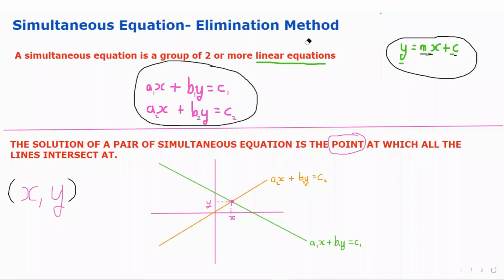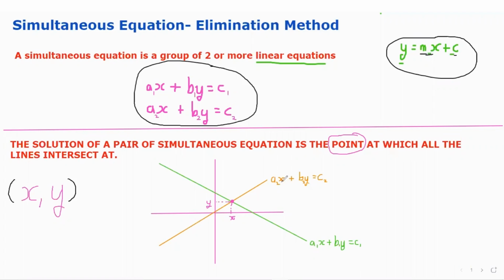So what is the solution of a simultaneous equation? The solution of a pair of simultaneous equations is the point, keyword being point, at which all the lines intersect. So it's basically the point where they cross. We have this green line here, which is a linear equation, and we have this other line here.